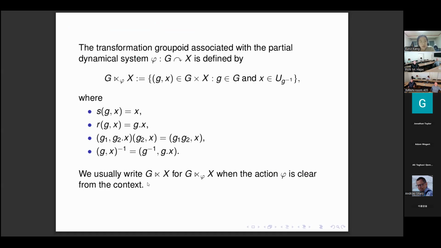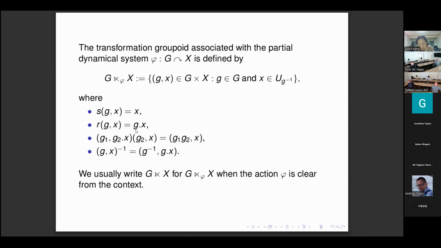So when we have a partial dynamical system, we can consider a transformation groupoid, which is defined as the set of pairs (g, x), where g is an element of the group G, and x is a point in the domain where g can act. In this groupoid, the source map sends (g, x) to x, and the range map sends (g, x) to the image of x under the action of g.